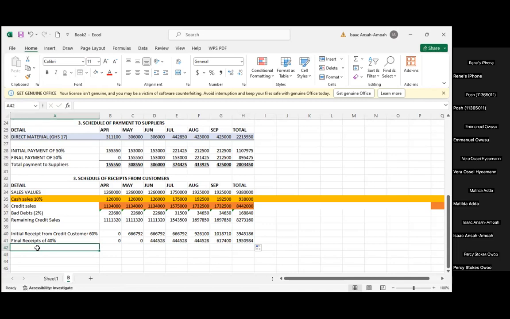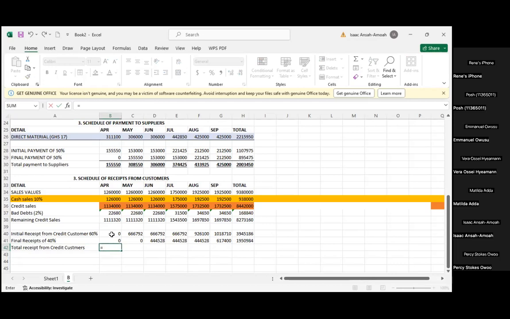Okay. So now let's see total receipts from credit customers. Total receipt from credit customers. That will be an addition of the 2 receipts from credit customers.